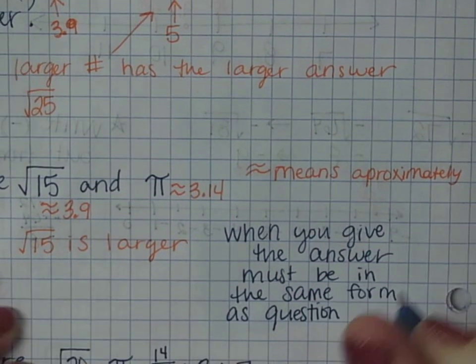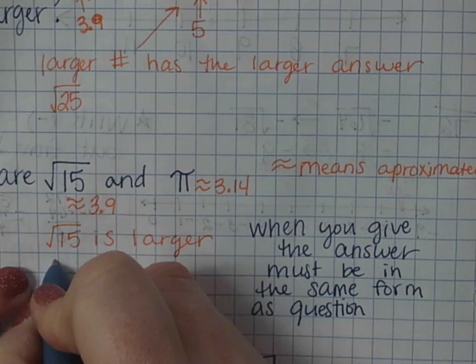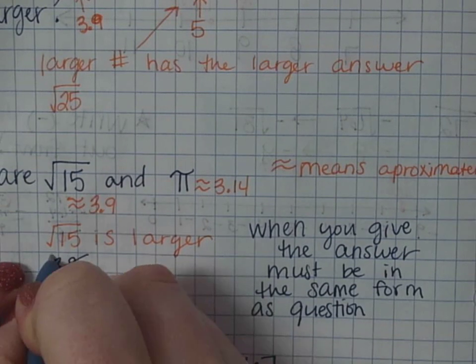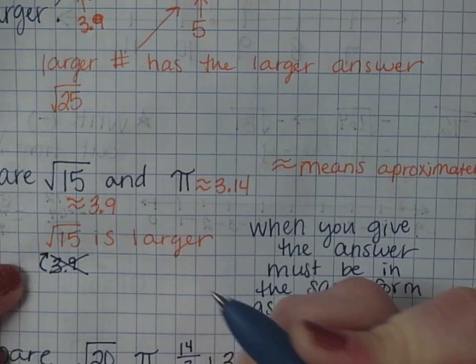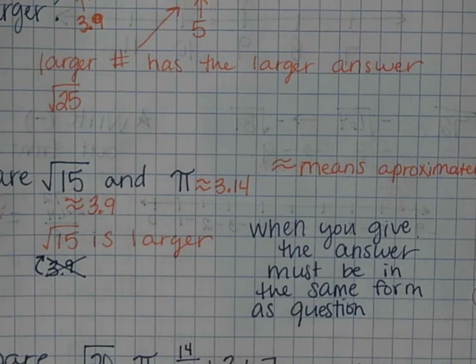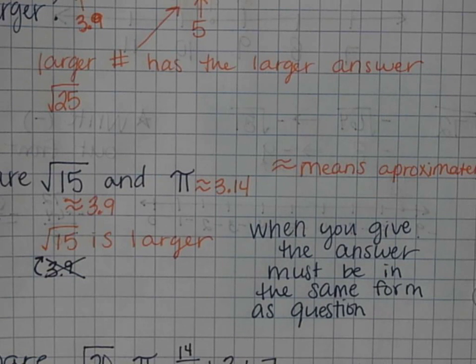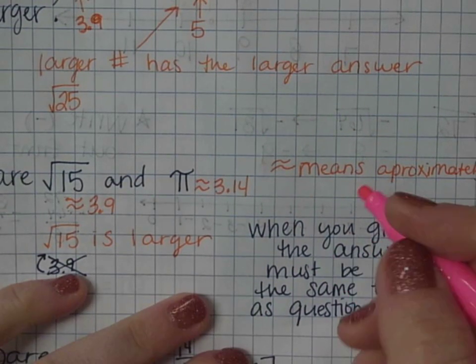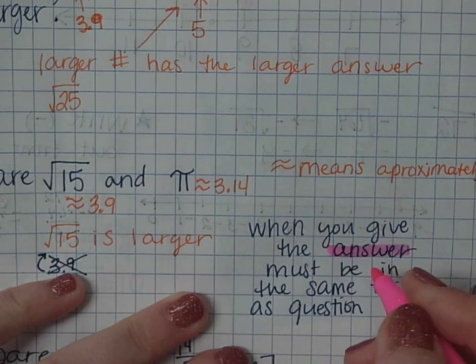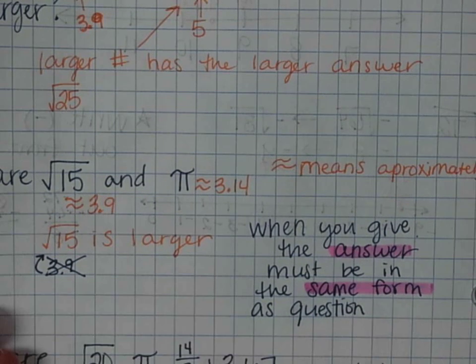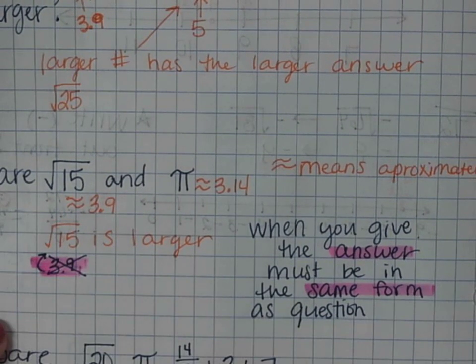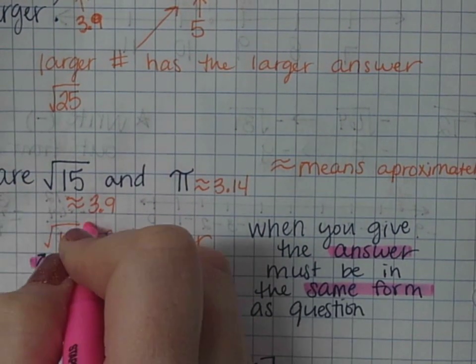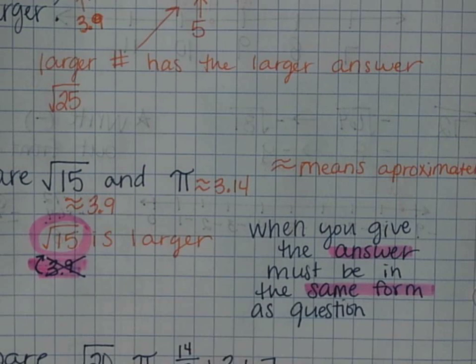So I would not want to write, so do not write 3.9. You have to write the original form. Your answer must be in the same form. So that would not be your answer. This would be your answer.